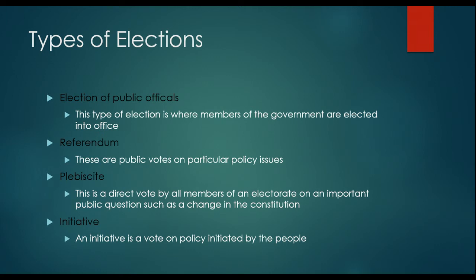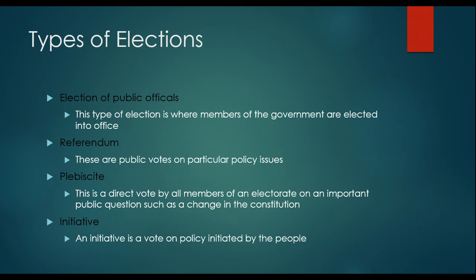Then you have something known as a plebiscite. This is a direct vote by all members of an electorate on an important public question, such as a change in the Constitution. And there are very few places where you're going to see that type of vote actually take place. And then there are initiatives. An initiative is a vote on a policy initiated by the people.